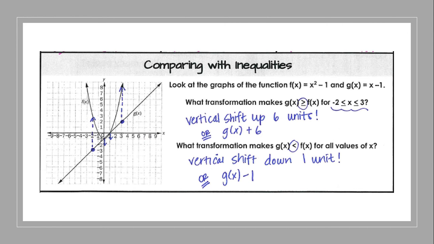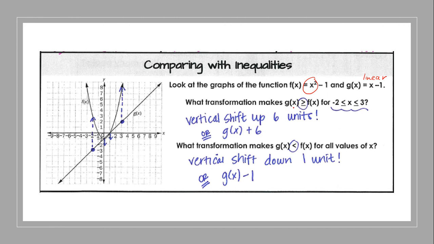So comparing with inequalities, we want to look at the graphs of the functions f of x equals x squared minus 1. So that's the parabola because it's x squared. And then I have g of x equals x minus 1. Well, this is a linear, so that's just that straight line.